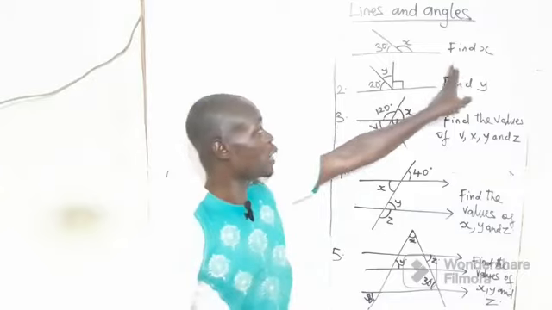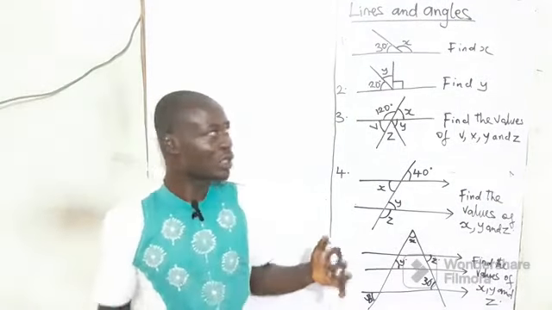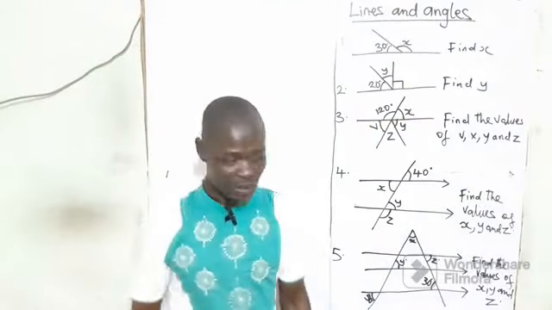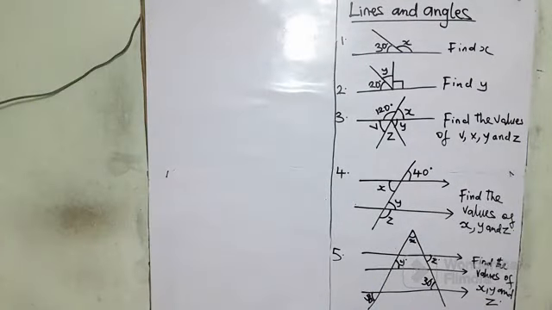Looking at question number 1, we were required to find the value of x. This is a straight line, and we have explained that the angle on a straight line is equal to 180 degrees.